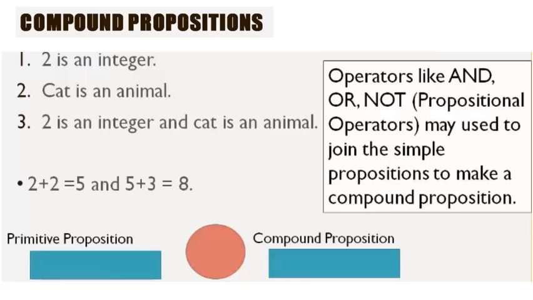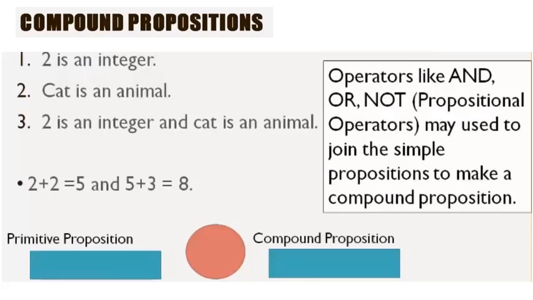Now if we join these two propositions, we say "2 is an integer and cat is an animal." So it becomes a compound proposition. We have joined these two propositions with the help of the operator AND. Like AND, there are other operators like OR and NOT. They may be used to join simple propositions to make compound propositions.